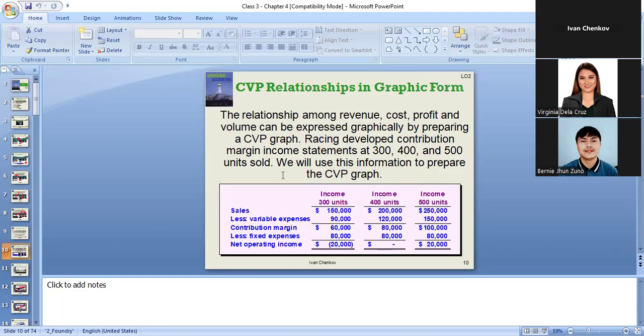Now, the other thing we can do is express all the cost relationships with a diagram. How do we get to that graph when we have different unit levels? We're going to do the calculation for 300 units, 400 units, 500 units, and follow the pattern.